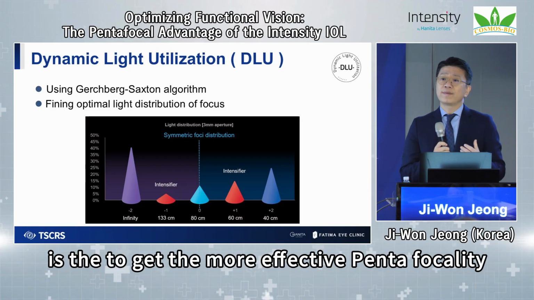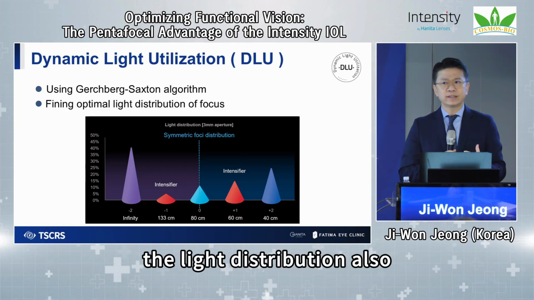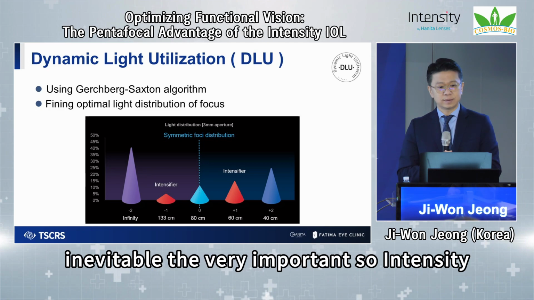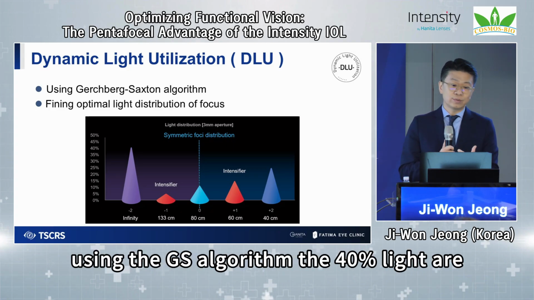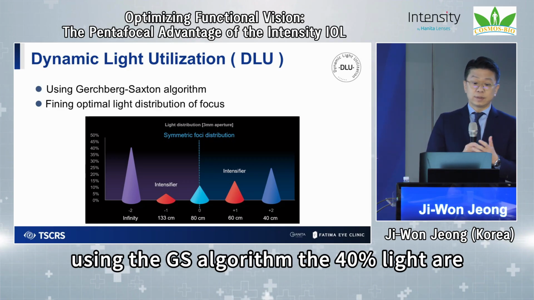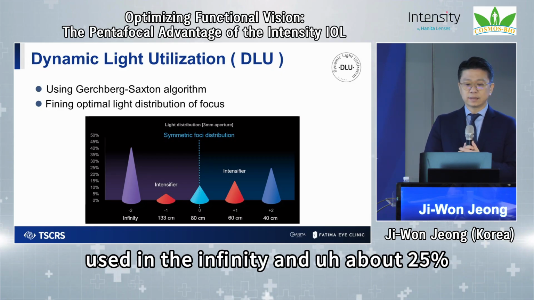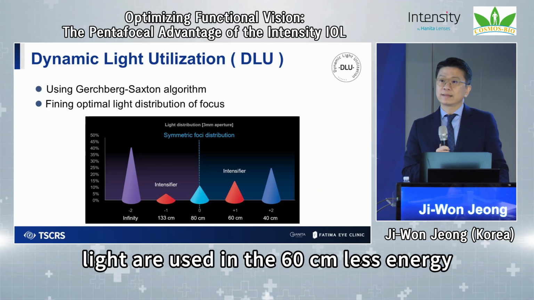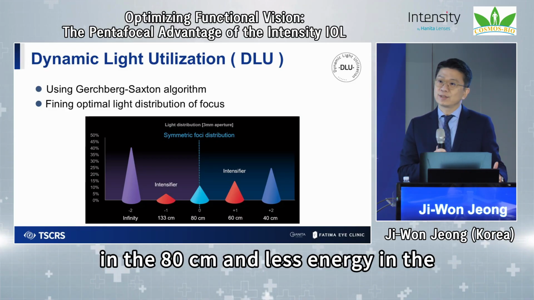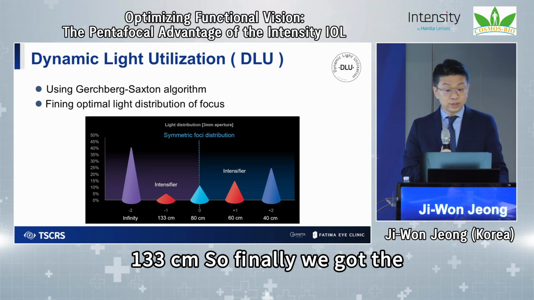To get more effective pentafocality, the light distribution is also very important. So Intensity uses dynamic light utilization, also using the GS algorithm. 40% of the light is used at infinity, about 25% at 40 centimeters, 15% at 60 centimeters, less energy at 80 centimeters, and less energy at 133 centimeters.